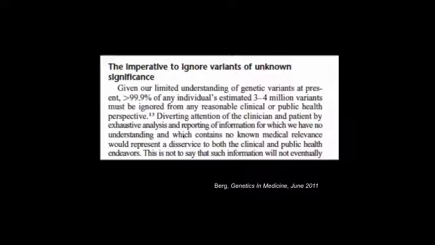Alternatively, there's the exact opposite group of people that say it's the patient's right to be given all of the information, and that we should be able to explain to them that we don't know. One of the arguments that I've heard is that, well, if you tell them that you don't really have any idea what this means, but there's some problem with the child's DNA, that a number of patients will make decisions not to continue a pregnancy.